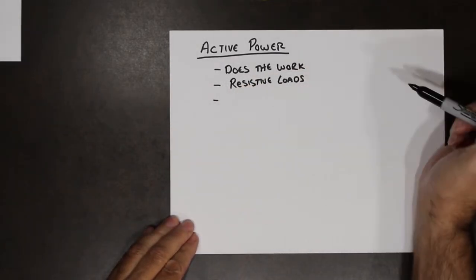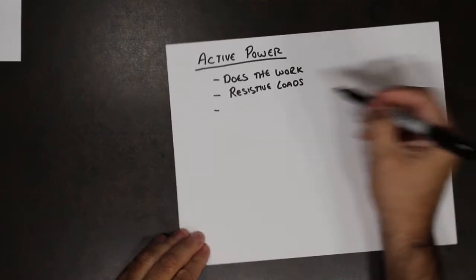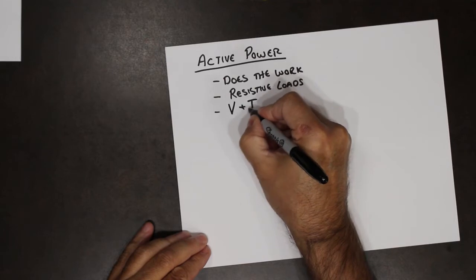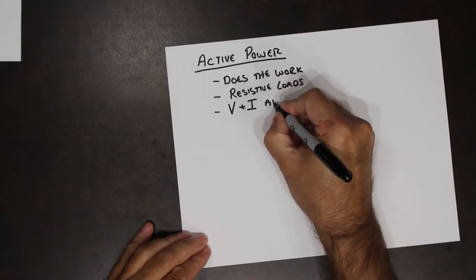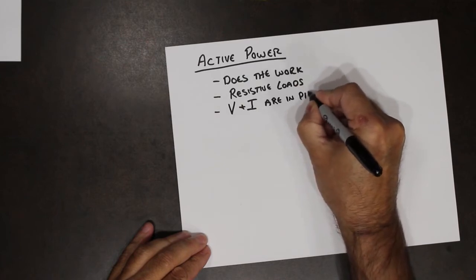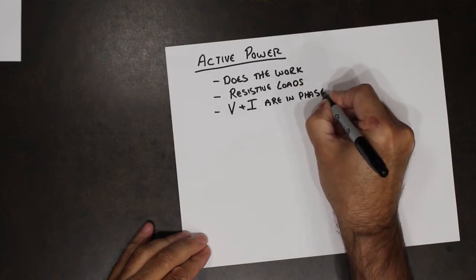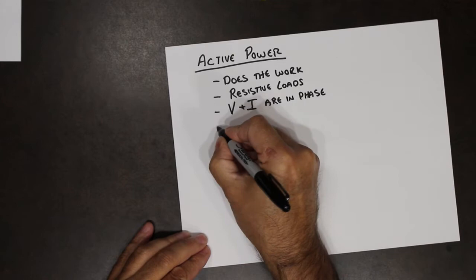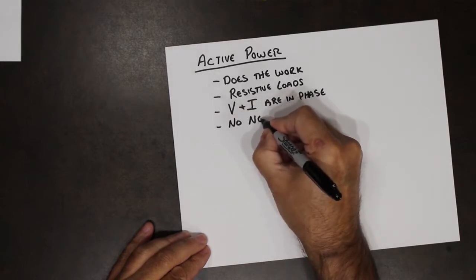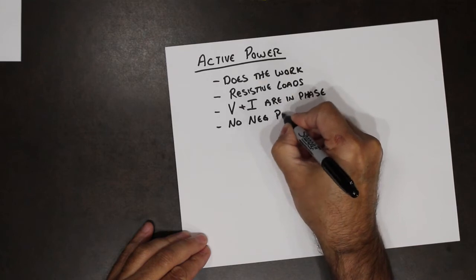Because it's in resistive loads, voltage and current are in phase. There is also no negative power.